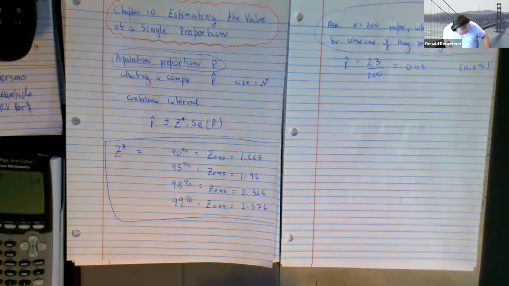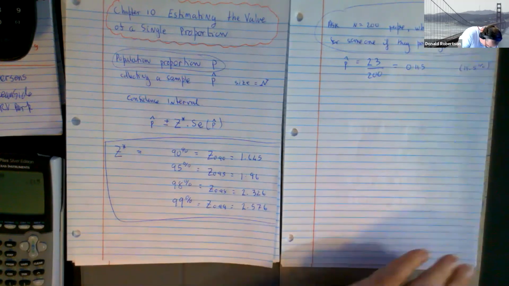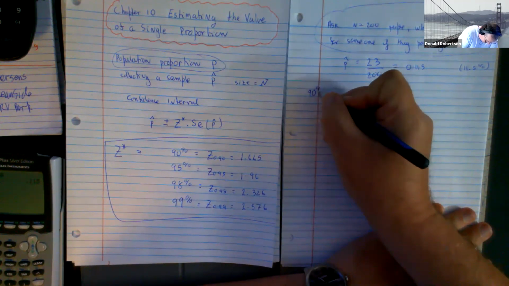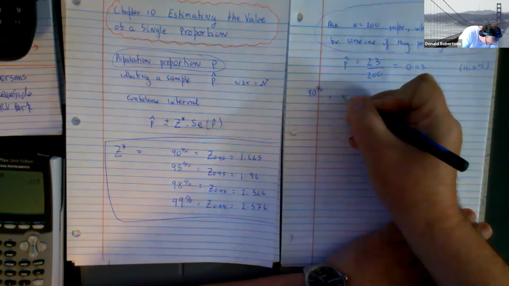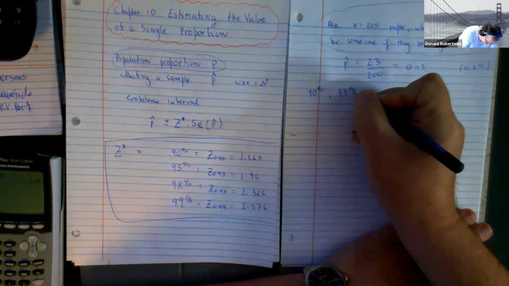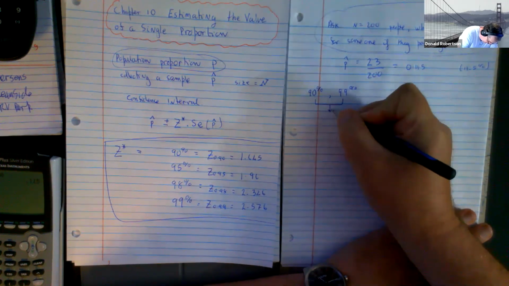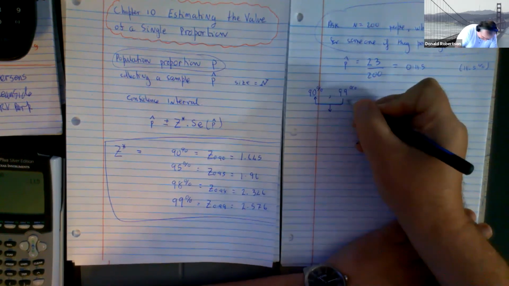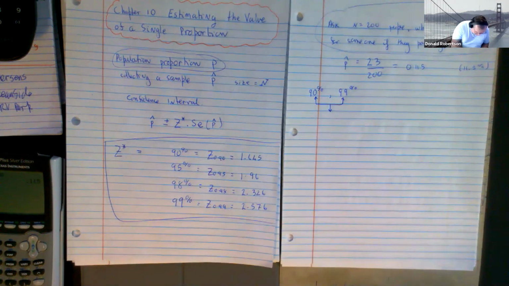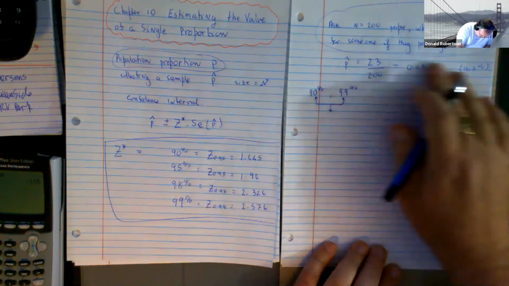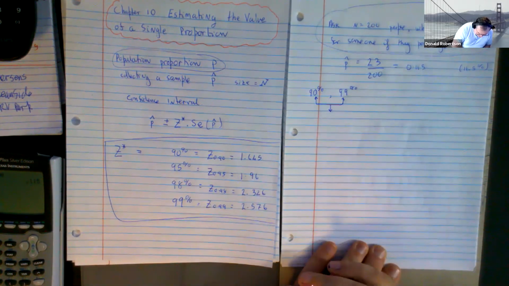Well, that's why we have different confidence intervals. So I'm going to pick 2. I'm going to pick a 90%, and then a 99% confidence interval, and we'll compare what they look like. Before I even do the work in calculating these two, let's look at the big picture.